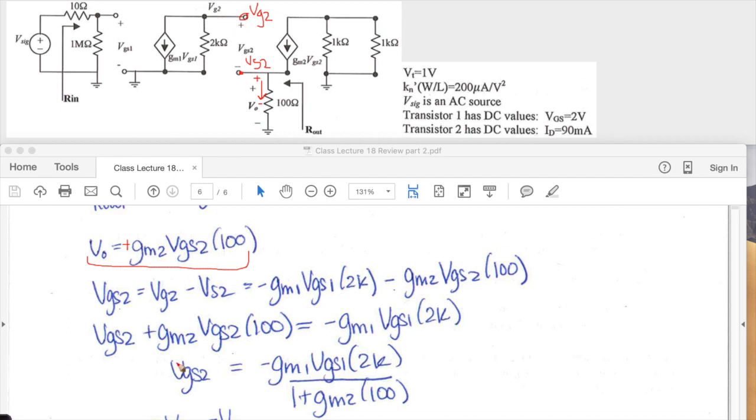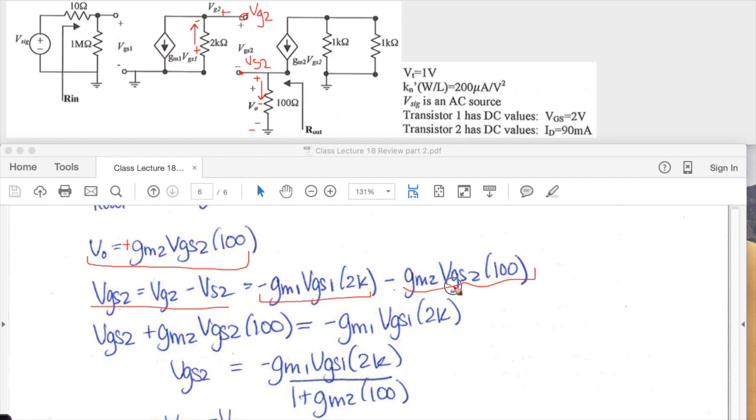Then we need VGS2, which is VG2 minus VS2. For VG2, we again see there's just one resistor here, so the current is going to flow up this way, going plus to minus, and our node has to go from plus in reference to ground, which would be the minus. They're opposite signs, so we get a negative gm1 VGS1 times 2K, and that is our VG value. Then it's minus this value, Vout, which we already found as gm2 VGS2 100.